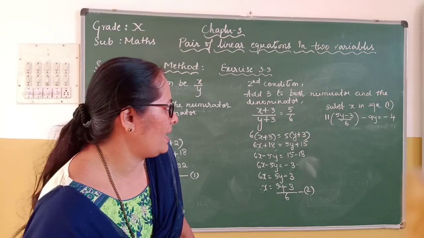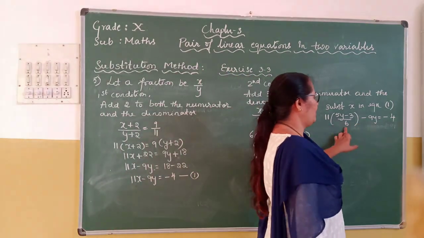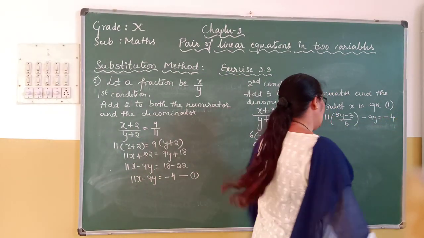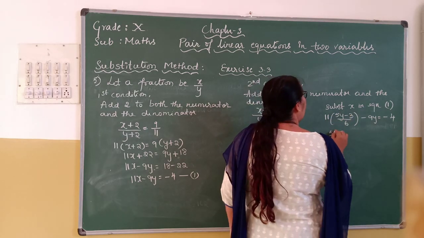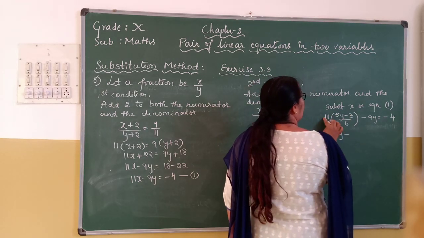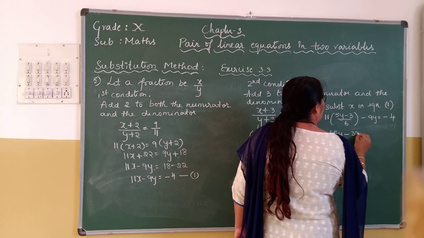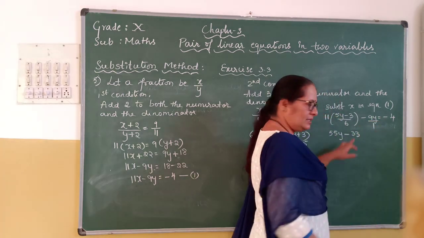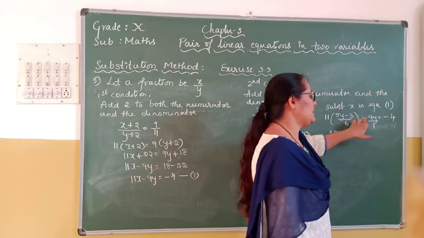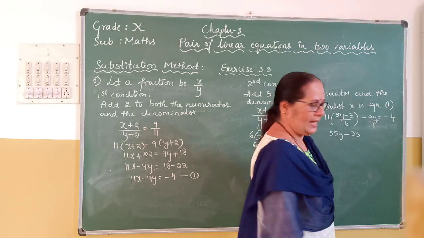Now simplify, take LCM and cross multiply. So 11 5s are 55y, minus 11 3s are 33. Then I will take LCM also simultaneously, and cross multiply.